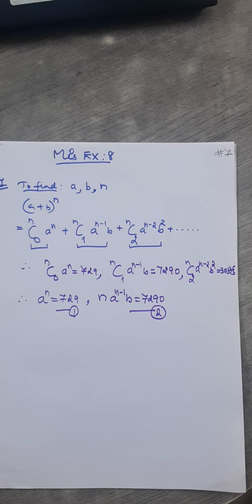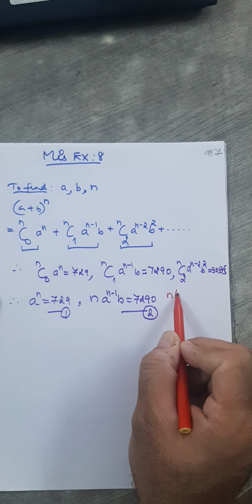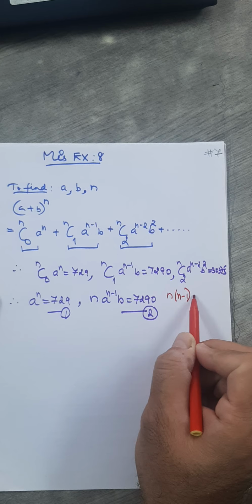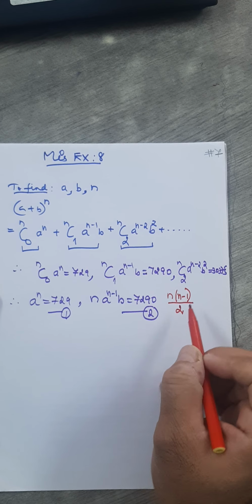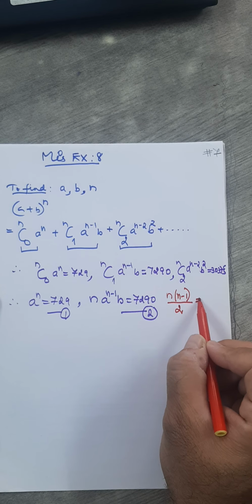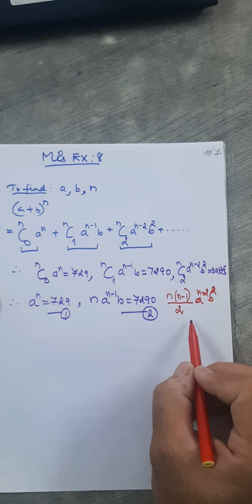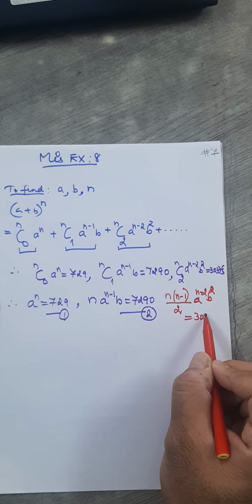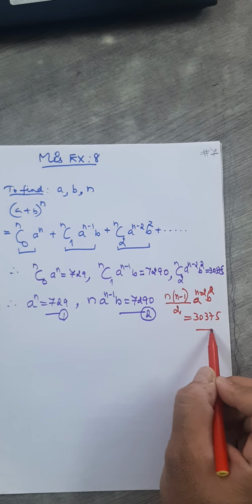What is nC2? If you recall, it is n into n minus 1 into n minus 2 factorial, that will get cancelled with the denominator, upon 2 factorial. It's just 2, into a raised to n minus 2 into b squared equals 30375. This is equation number 3.